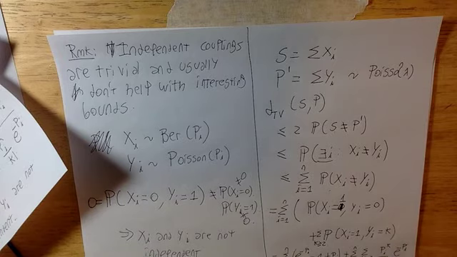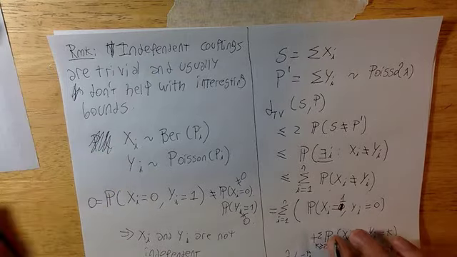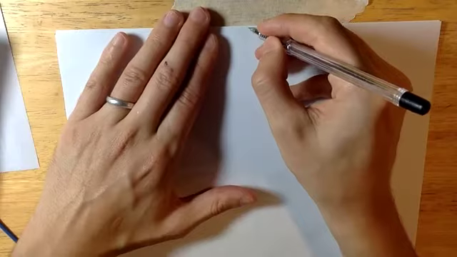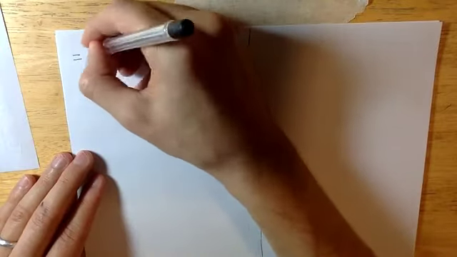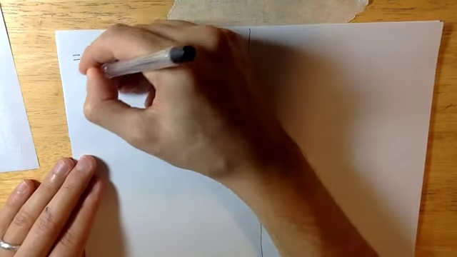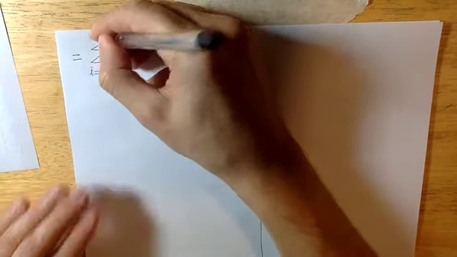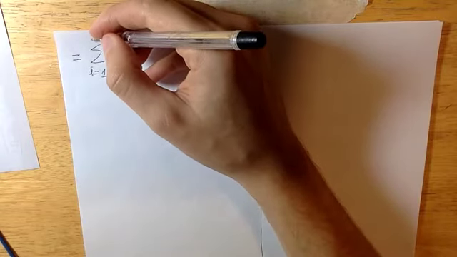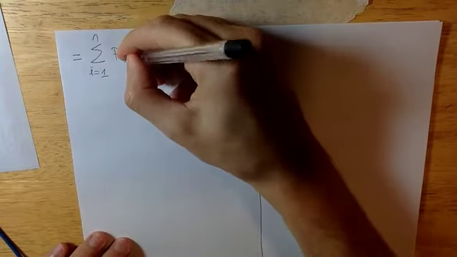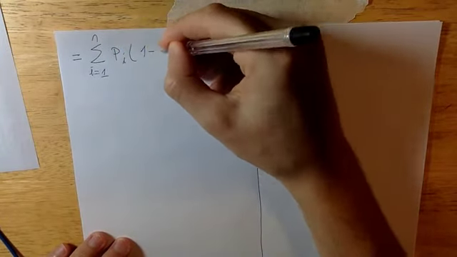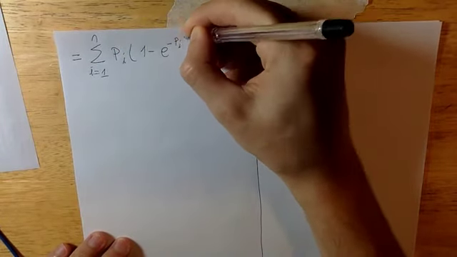Summing this up perfectly, this is equal to the sum from i equals 1 up to n of pi times (1 minus e to the minus pi).